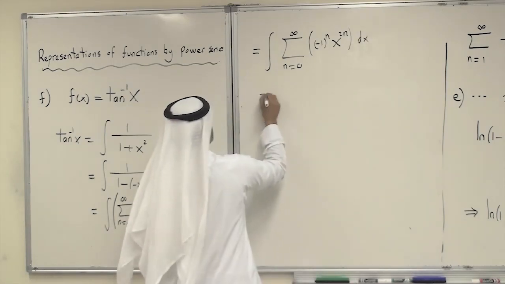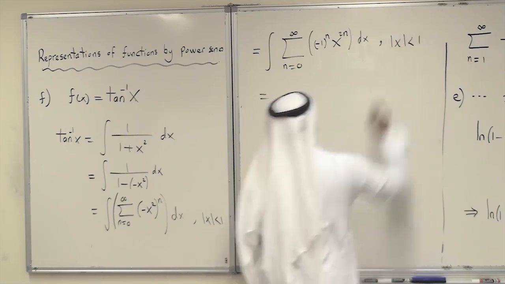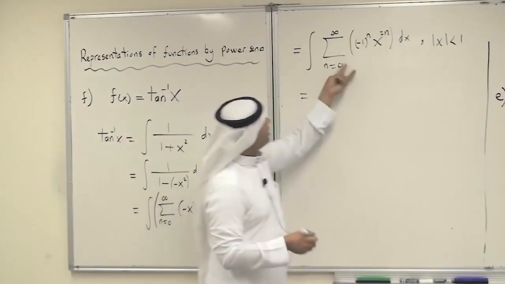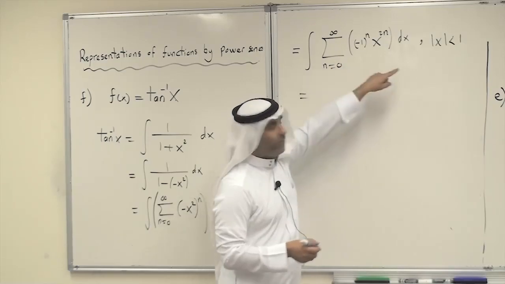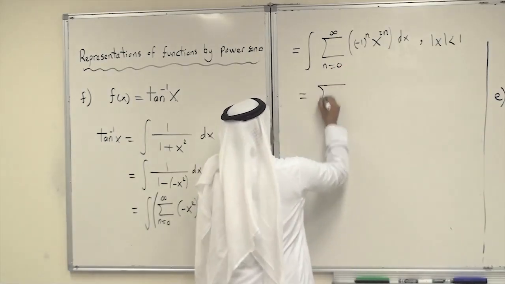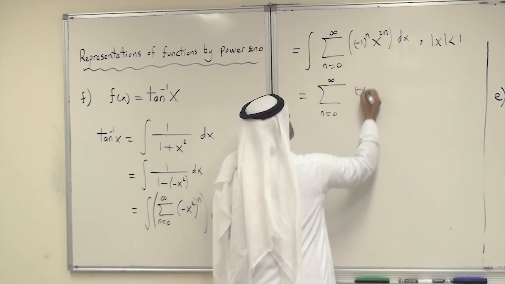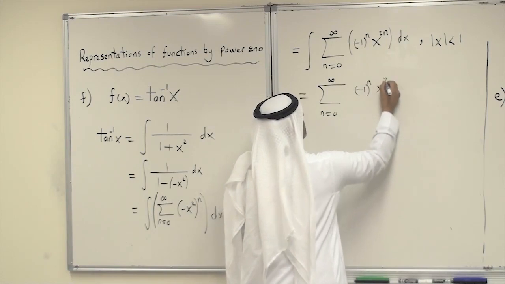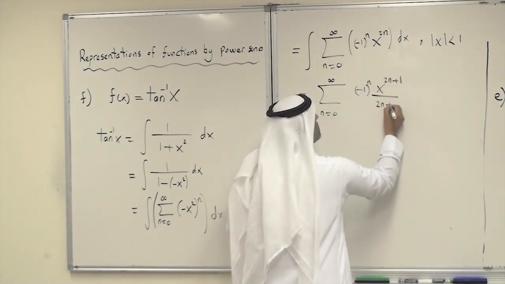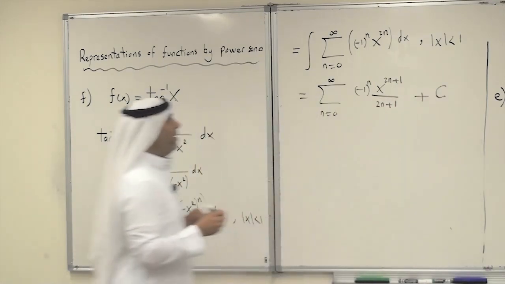The representation here makes sense if the absolute value of x is again less than 1. I need to switch the summation with the integration. I can do that if we are still inside the region. So I will write it as n equal to 0 up to infinity of (minus 1) to the n, x to the power 2n plus 1, integrating term by term. This will give me the answer plus a constant of integration.